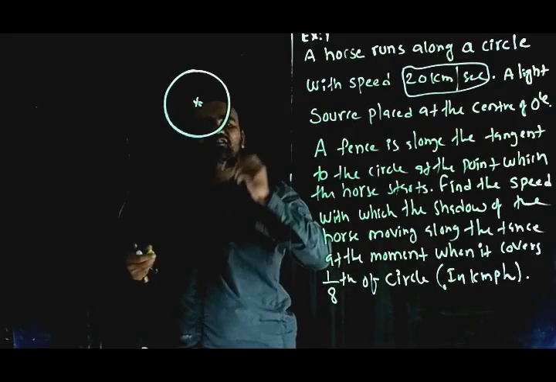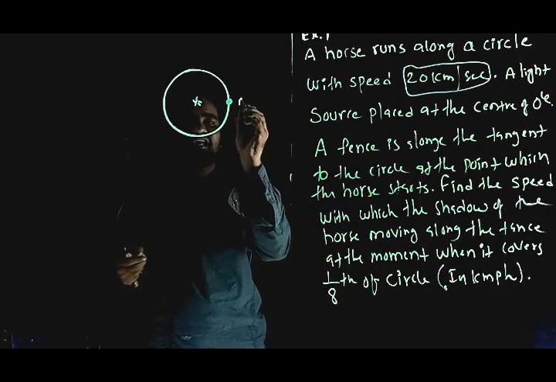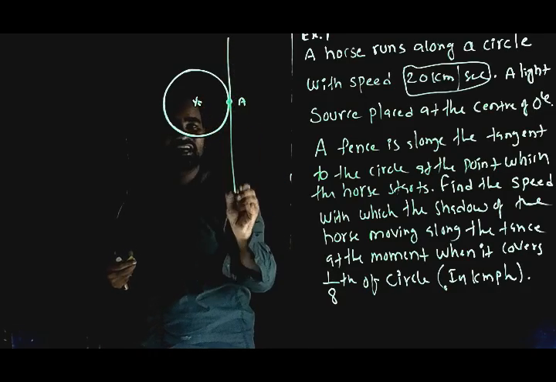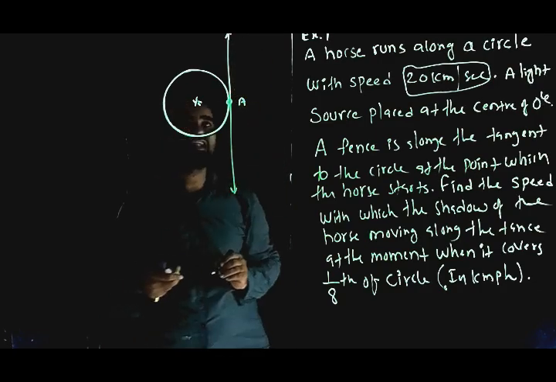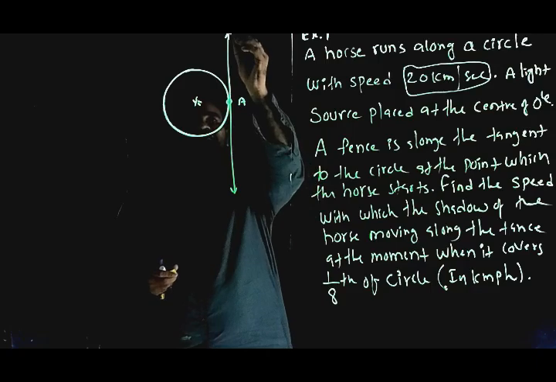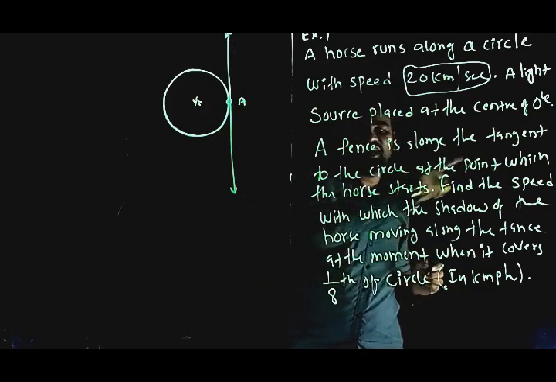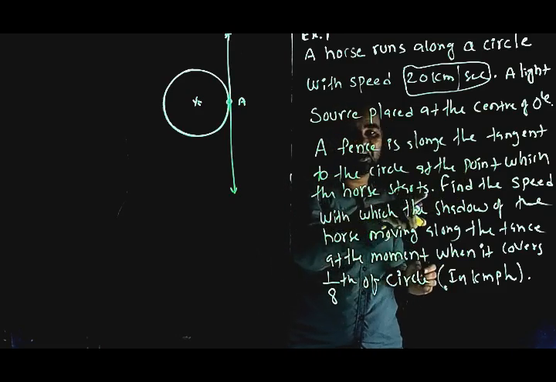For example, the horse starts at this point, so that point is A. At that point a wall is constructed. Feel that this is a wall. A fence is along the tangent to the circle at the point where the horse starts.